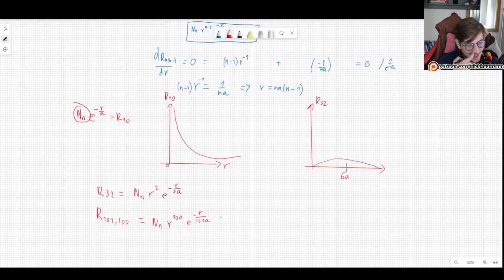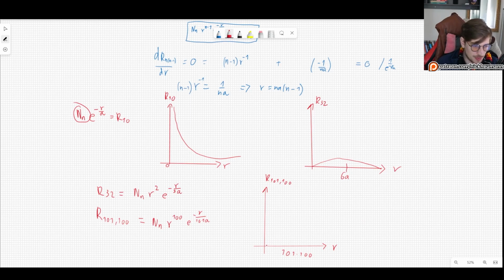So, well, quite a number here. So the maximum here, using our formula, would be 100 times 101 times a. And I don't really feel like calculating that, even though it's got to be close to 10,000, I guess, 10,100. But I don't want to make a mistake here, and it doesn't really matter. So R101,100 in terms of r.